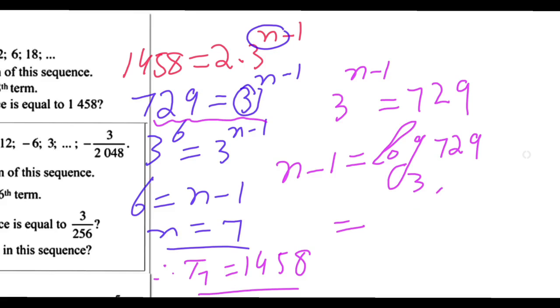So the answer becomes 6. So therefore n negative 1, switch over this side, become positive, so my answer is 7. So either way answer will be the same. You apply the log rule or you can apply the exponent rule.